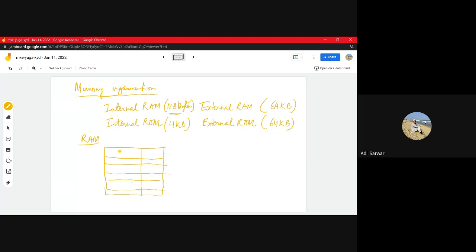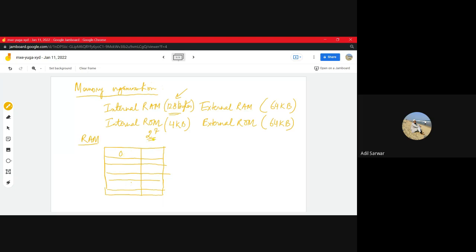So how many bits are required to access these 128 bytes? 128 means 2 to the power 7, isn't it? So 7 bits are required. Okay. So you use 8 bit or 16 bit.